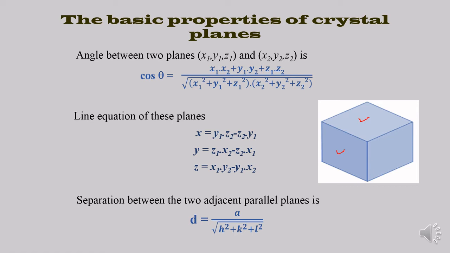So these two relations, one is the angle between these two planes, that is cos theta equal to this one, and the second one is the separation between the two adjacent parallel planes. So these two observations become quite important, along with the atomic density of each plane, which determine the properties of each particular plane. And this will define which crystal orientation is applicable for any particular application. Okay.